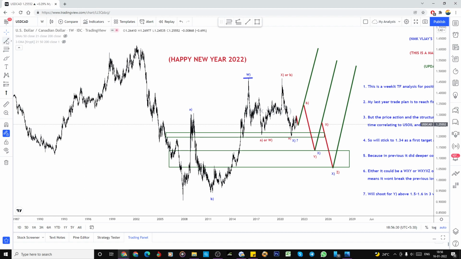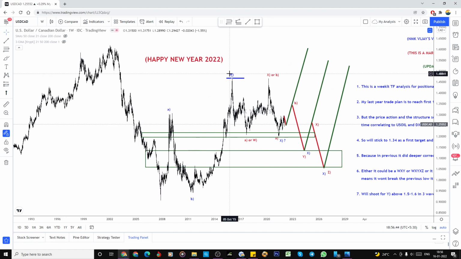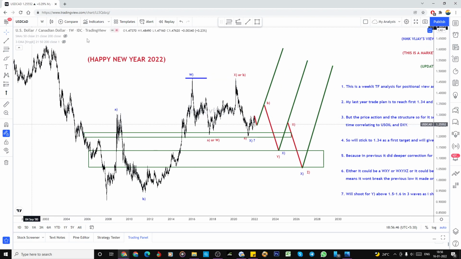Whether it is going to make one more high before breaking this or not, we will see later, but my target is that it is going to break this one. But when? That is a question mark. So that is my view in the weekly or monthly chart.